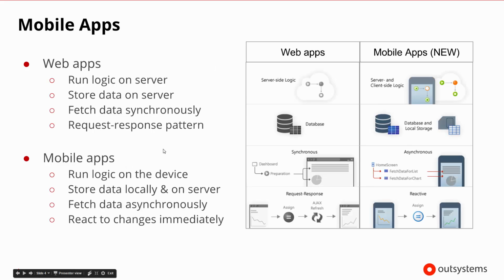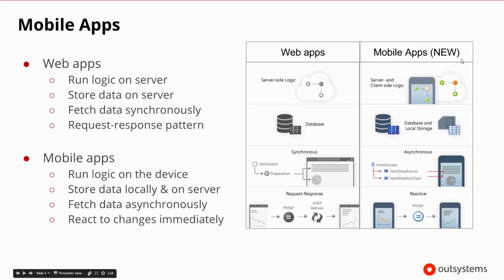So, if we think about the OutSystems environment, we know that OutSystems had the capability of doing web apps in previous versions, and that's because it had the server-side logic and the synchronous request response that we were just talking about from a web app perspective.